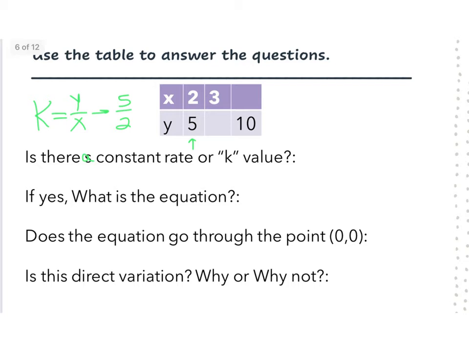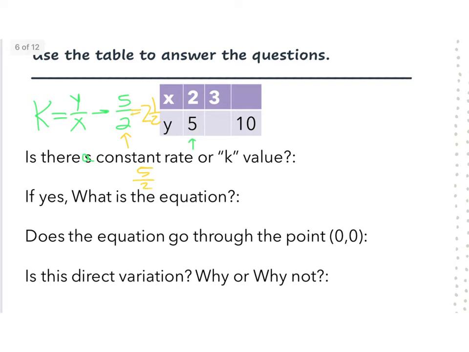This is as simple as possible. It is improper, so technically you can make this into 2 and 1/2, okay? Either of these would work for your k-value here. I'm going to leave it as 5 over 2 because it's okay to have improper fractions for this. So our k-value, we're going to make 5 over 2.